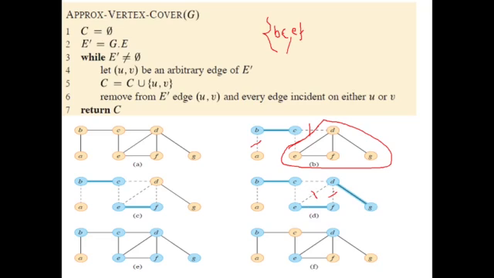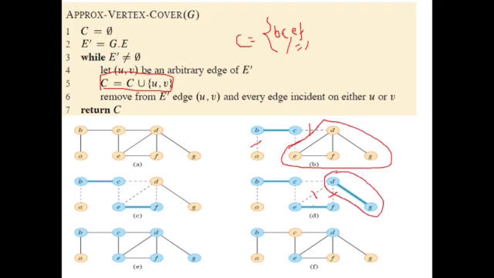Once you delete these 2, then you add it here in your set, which we call C. This is C. Every time I am adding this UV here. So initially my C is empty and then I keep adding here. After EF, you will be left with this graph.